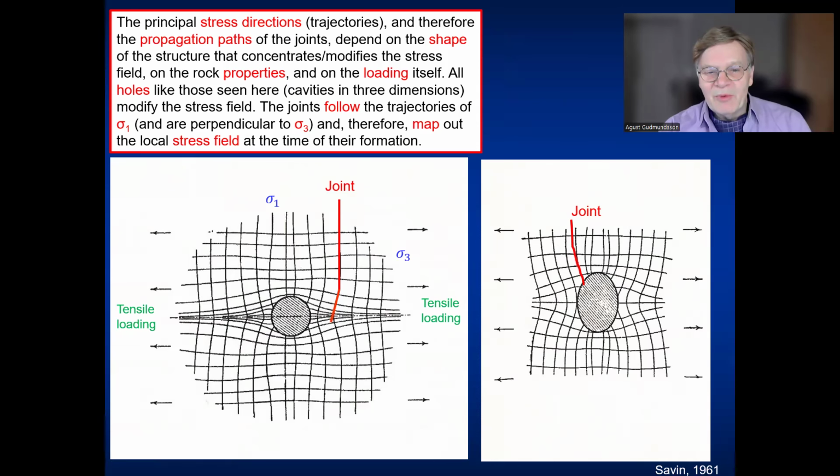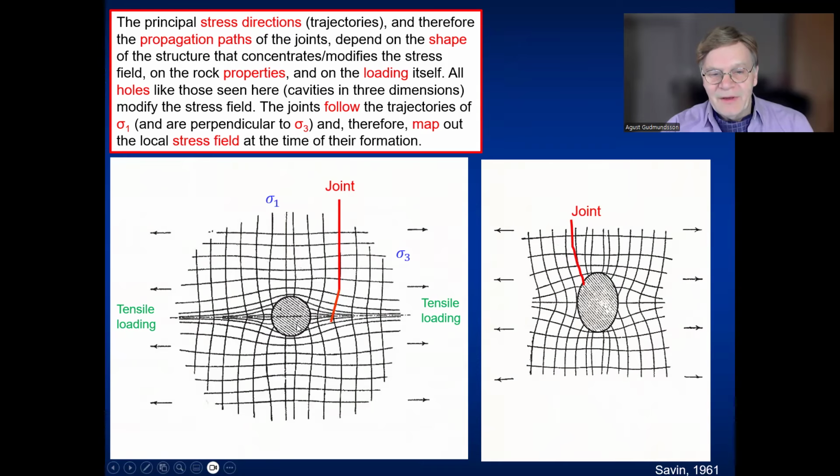So here is an example from two-dimensional stress fields. One is around a circular hole on the left-hand side, and the other is around an elliptical hole on the right-hand side. The principal stress directions, so-called trajectories, in two dimensions are sigma 1, the maximum principal compressive stress, and sigma 3, the minimum principal compressive stress, or the maximum tensile stress, depending on the stress field.